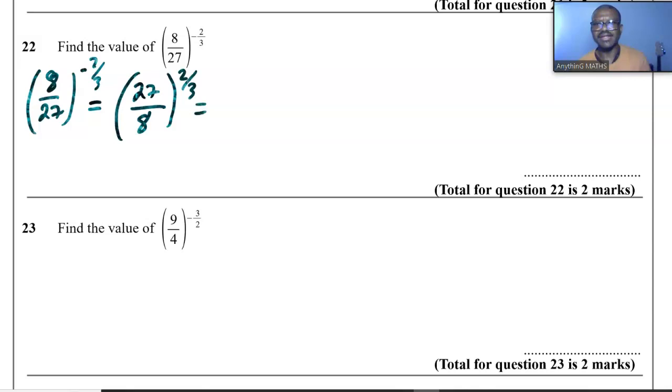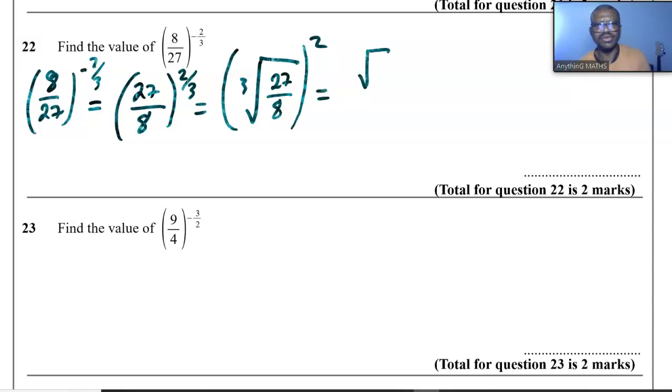We can also write this whole thing as the cubic root of 27 over 8 all raised to the power 2. And finally, we can also write this as the cubic root of 27 all over the cubic root of 8, everything raised to the power 2.